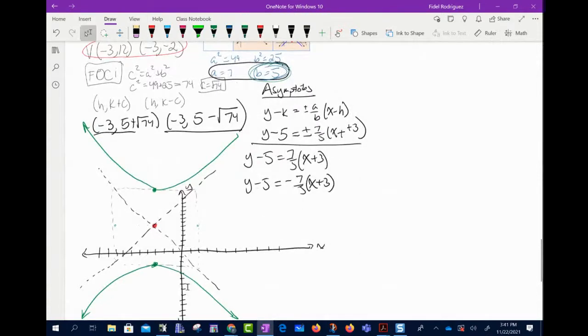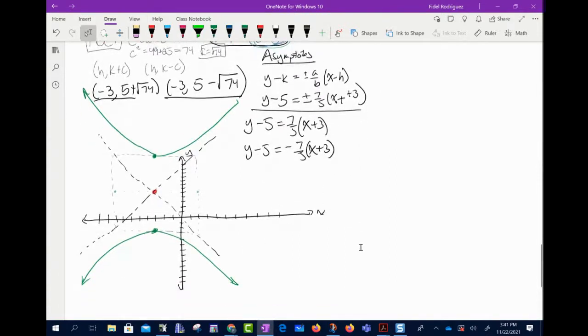And here is my graph. This one on the left, those are just the dots that I was putting so that I could make my little rectangle, right? You know what I mean?